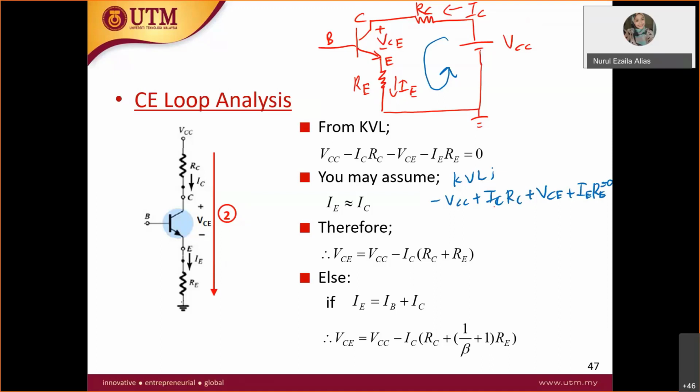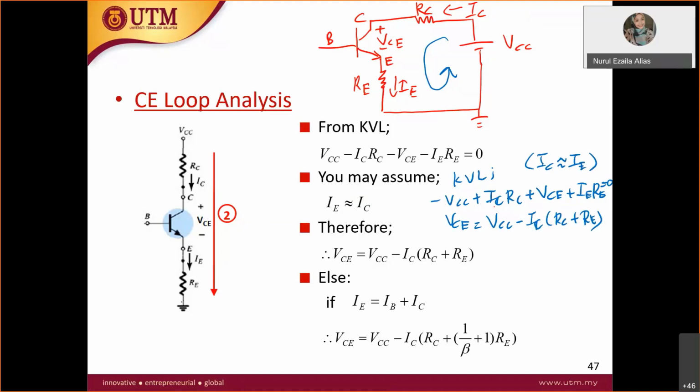So you will get VCE equal to VCC minus IC times RC plus RE, because IC is approximately equal to IE. It's the same thing, you don't have to worry about it.